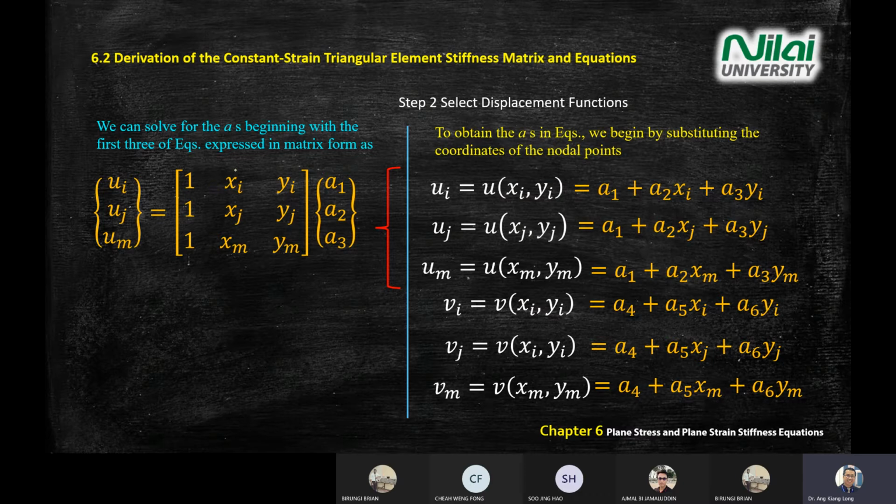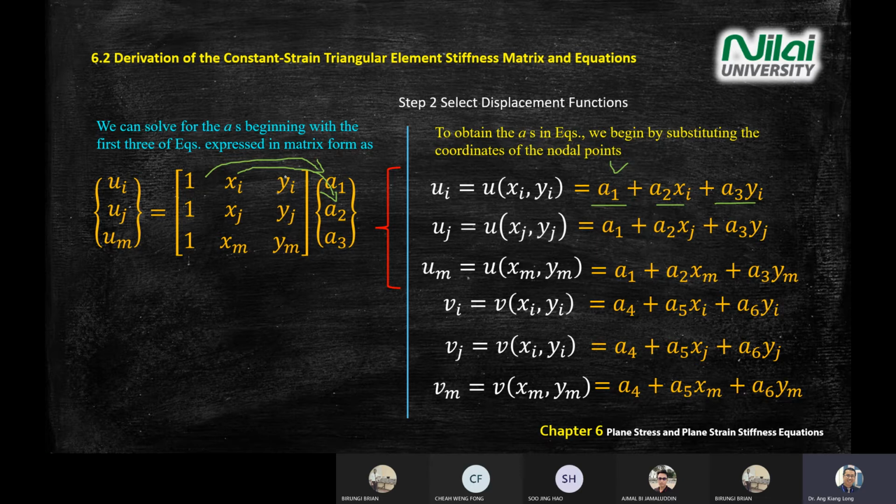Follow the steps. For example, how to get this equation? You take 1 times A1, you get this one. How to get A2 x1? A2 must times x1, right? So you write x1 for this position. How to get A3 y1?